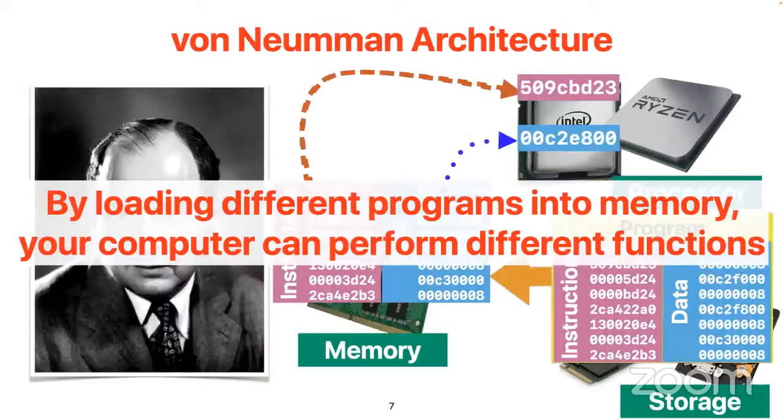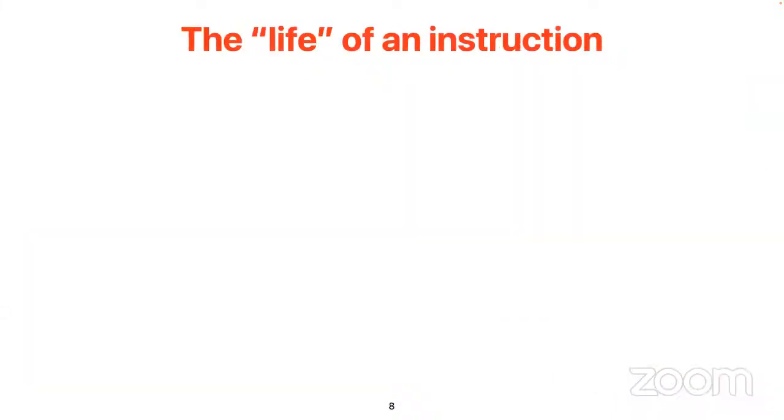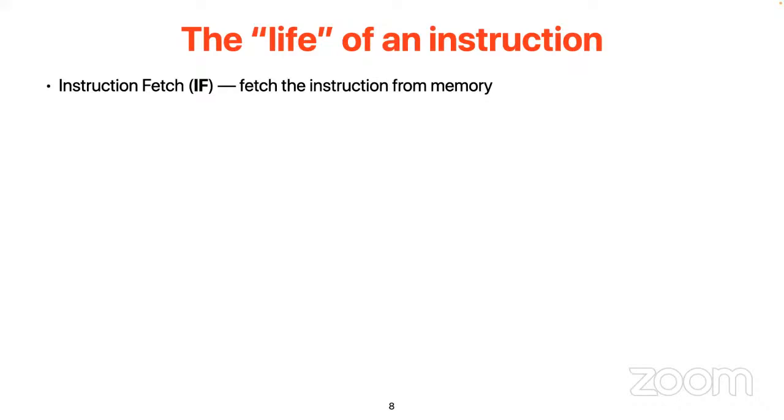So remember, the von Neumann architecture requires us to fetch instructions from the memory. So the very first thing when you want to execute an instruction is to fetch the instruction from the memory, and then you have to figure out what the instruction wants us to do and prepare the inputs for the functional units that are going to exercise this instruction.